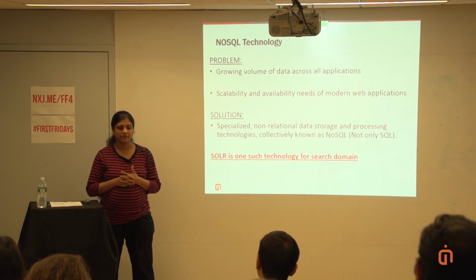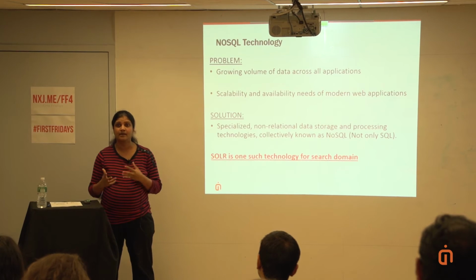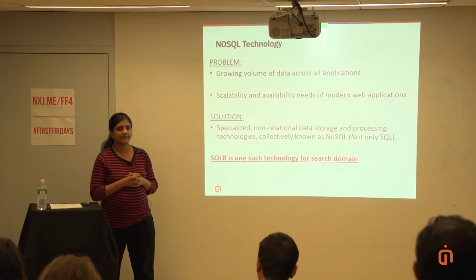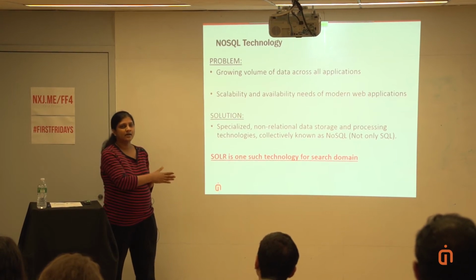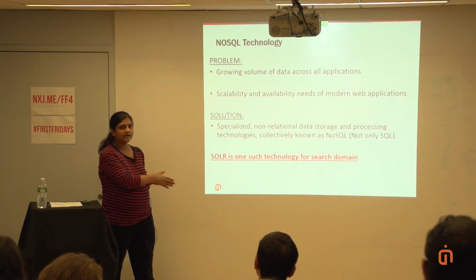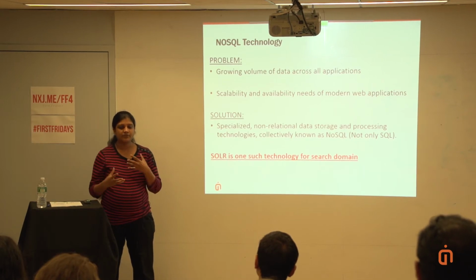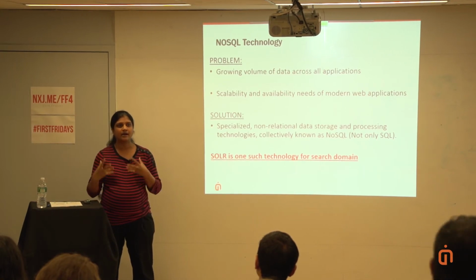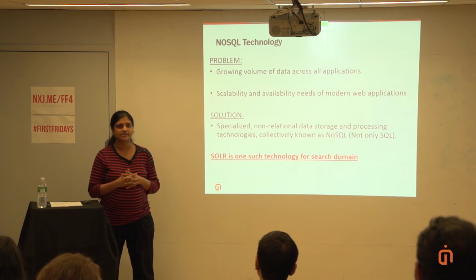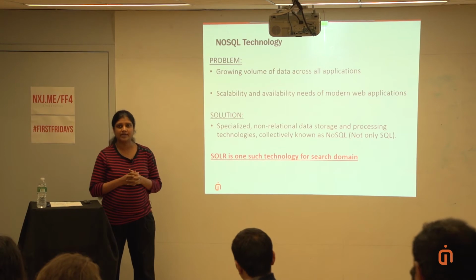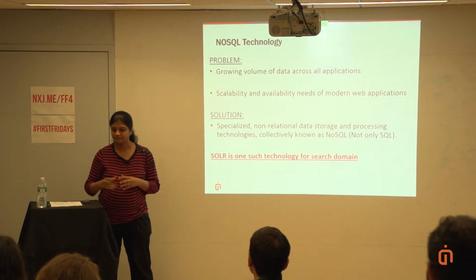Even within NextJump, if you remember, we use Redis and other things for caching and a lot of things. Those are meant for a certain type of job. Now SOLR is one such NoSQL technology which is meant for the search domain. For searching and having a good experience for the users, SOLR is a perfect NoSQL technology which is out there, and we decided to use that.